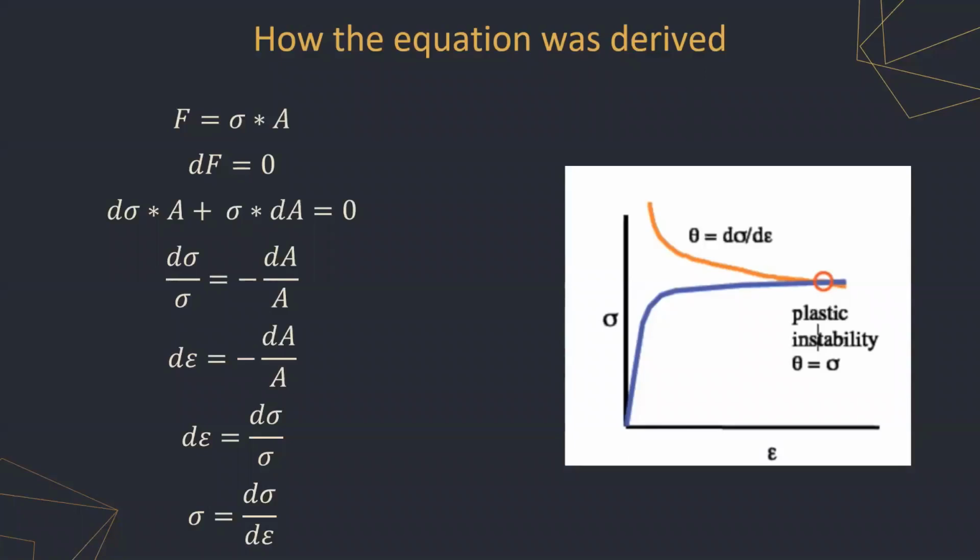If the material has a higher strain hardening rate, which means, for example, theta is greater than sigma, then it means that the two curves won't intersect with each other, and therefore the material will continue to elongate without necking, showing a homogeneous deformation. Of course, what I just explained is important to understand the plastic deformation capacity of materials.